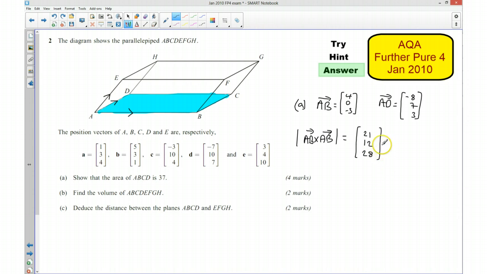Okay, so what we need to know is the magnitude of this.